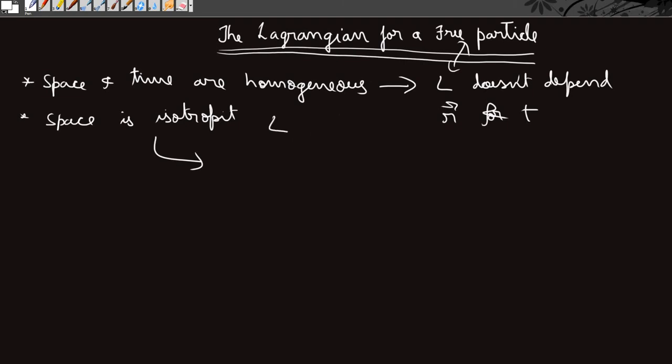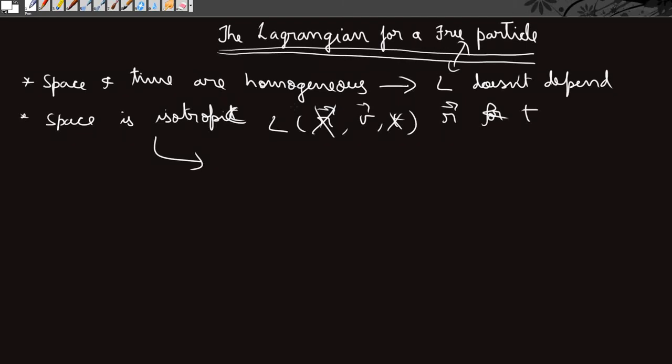So since Lagrangian is dependent on the position, velocity and time, and since it's not dependent on position and time because of the homogeneous property of space and time, it must depend only on the velocity, and I'm only talking about free particle here. And since isotropic, this should be so.